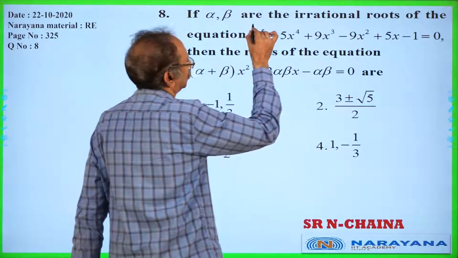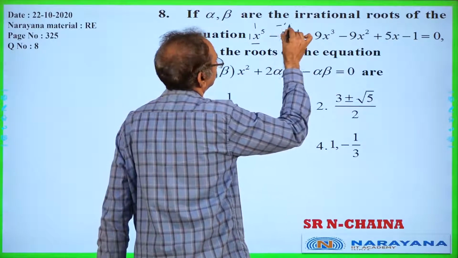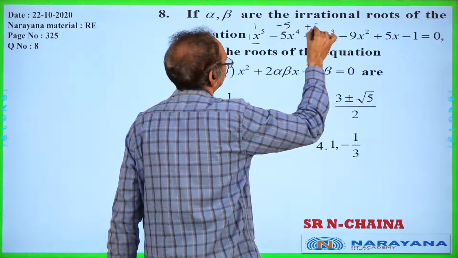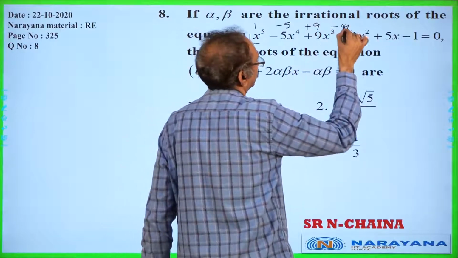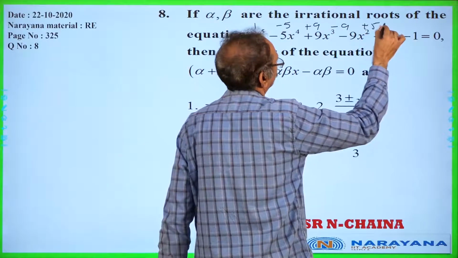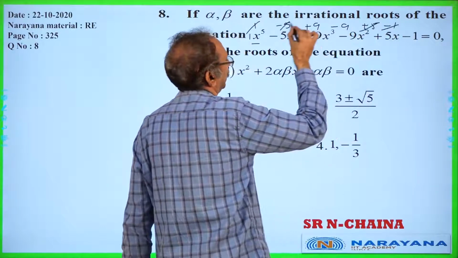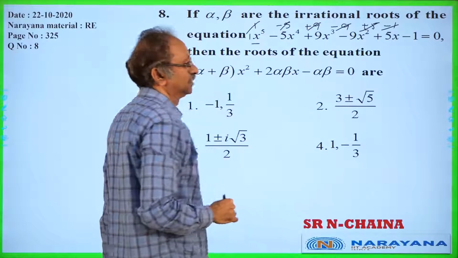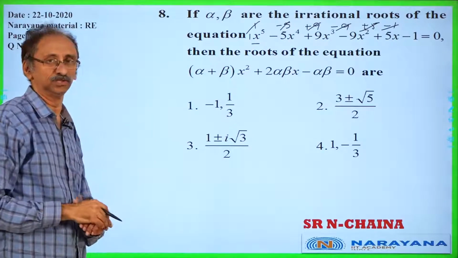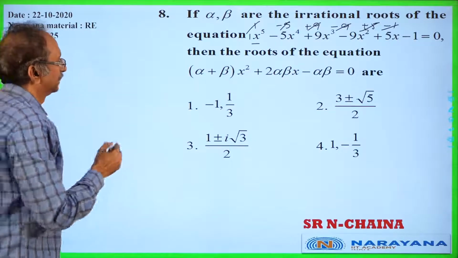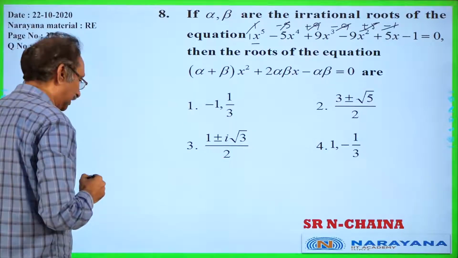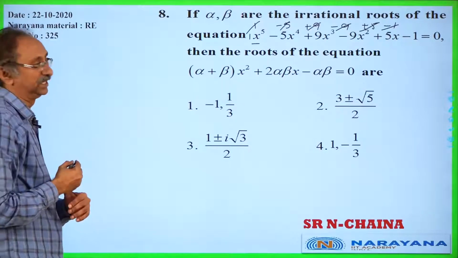See whether 1 is a root or not. 1 minus 5 plus 9 minus 9 plus 5 minus 1 is 0. Therefore, 1 is a root, and therefore by synthetic division we get the required fourth degree equation.